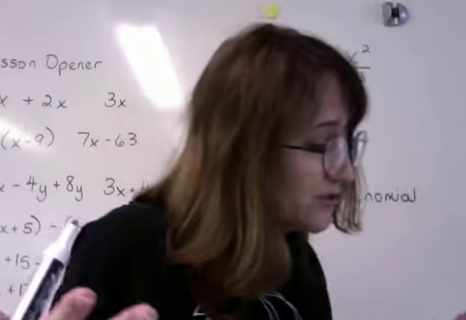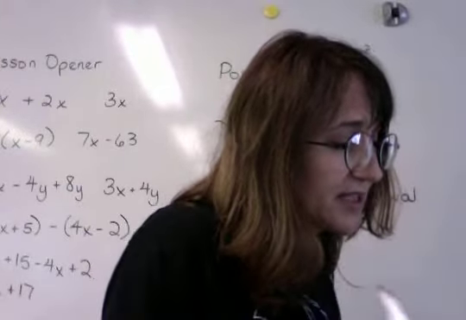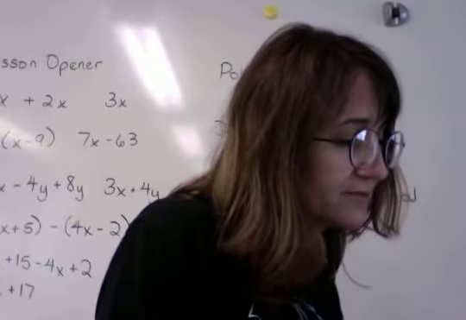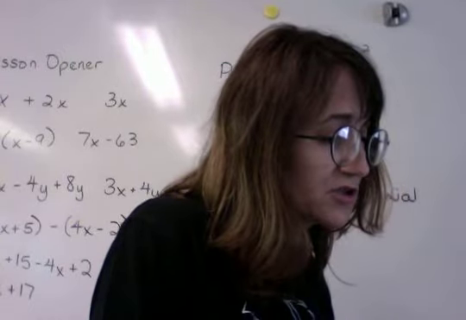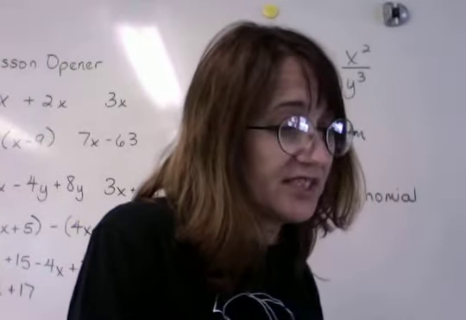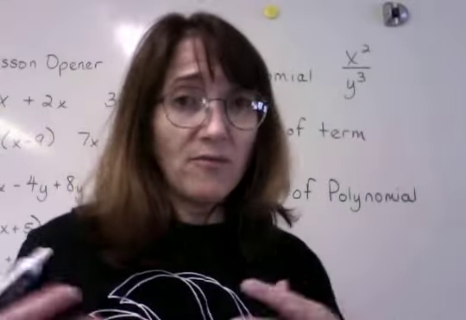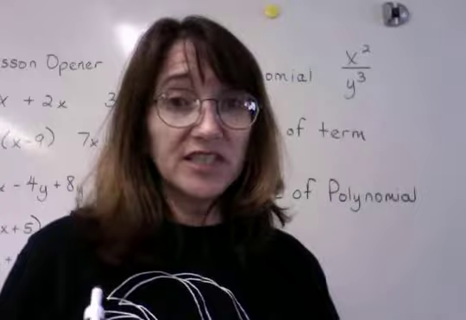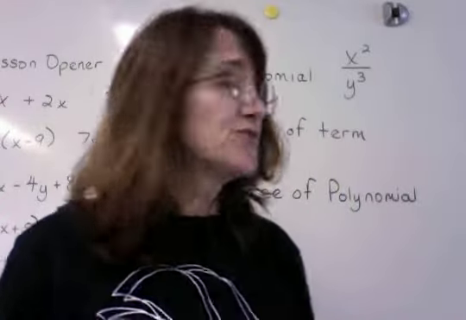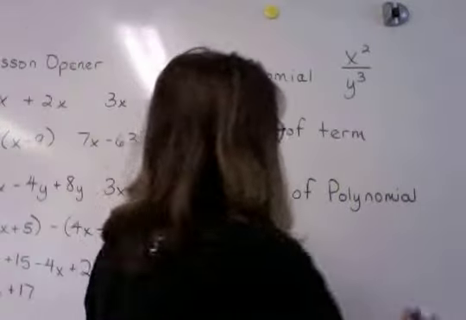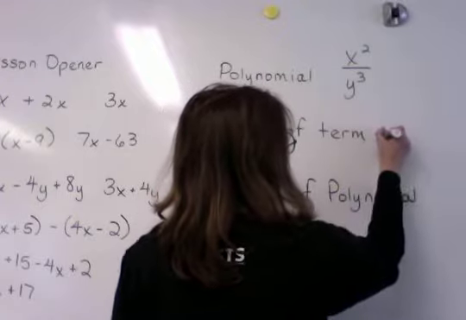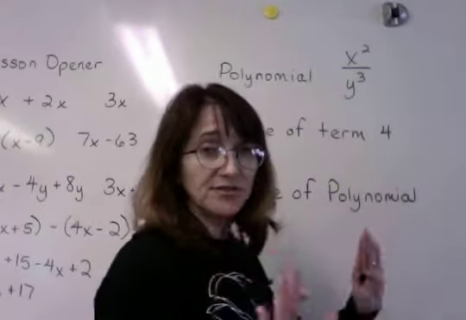They give you a lengthy explanation underneath the degree of a term on page 370, but if it's a constant, just a number by itself, then its degree is 0. If it's just 4, it has a degree of 0.